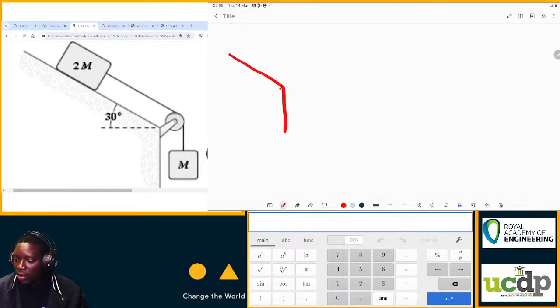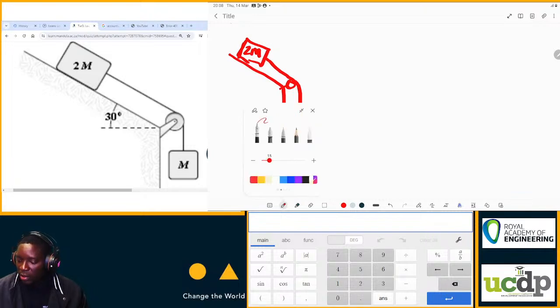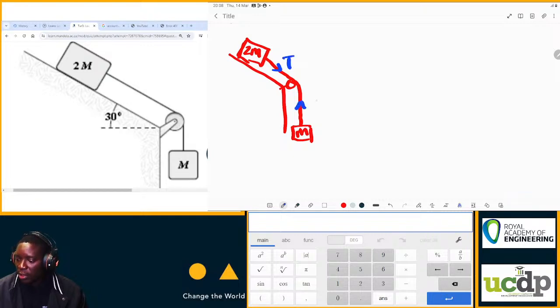If I can redraw it: the pulley, the 2m mass, the string, and the m mass. Identifying forces that act on this system, we have tension, which pulls in this direction, and this tension is the same because the string is a light inextensible string.